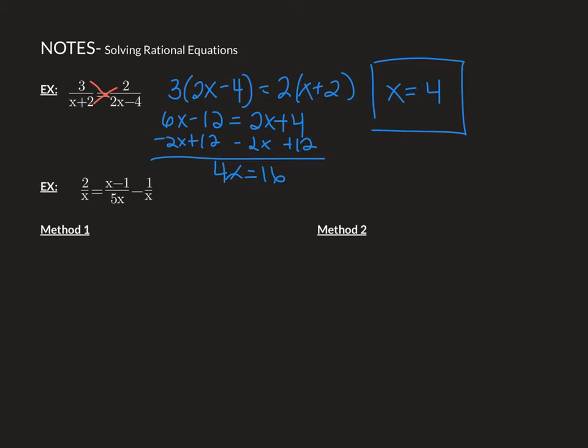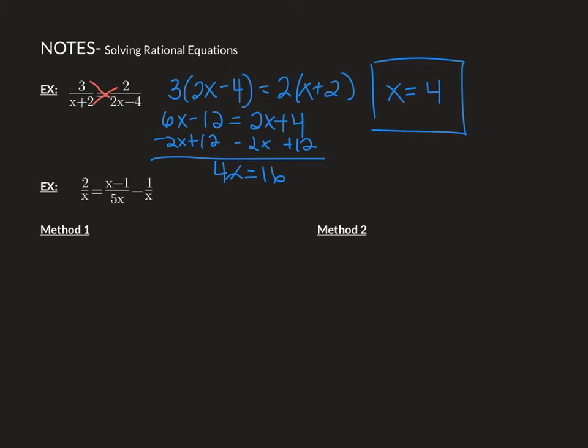Like I said, not all of our equations are going to be quite as straightforward. And there are two methods to solve these equations. One of them is to get it so that we have one fraction equals one fraction.